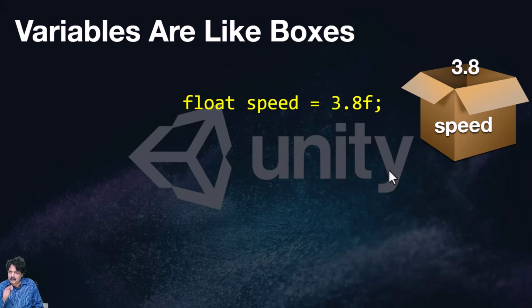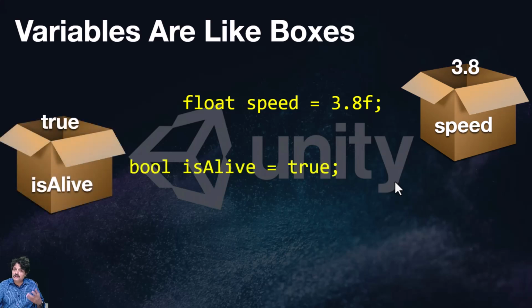When I want to declare this variable, I declare it as float, space, name of the variable speed, is equal to 3.8, and whenever you use decimal places, remember to add the letter f. So this is how we declare a float variable.